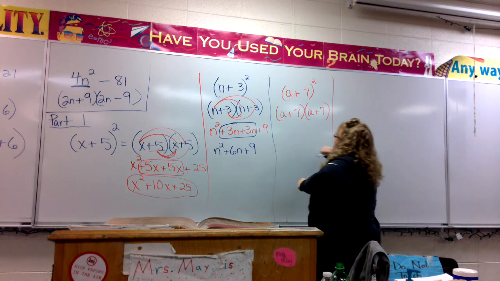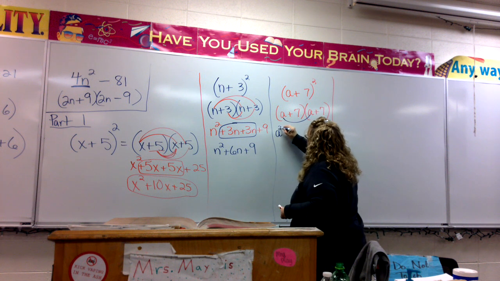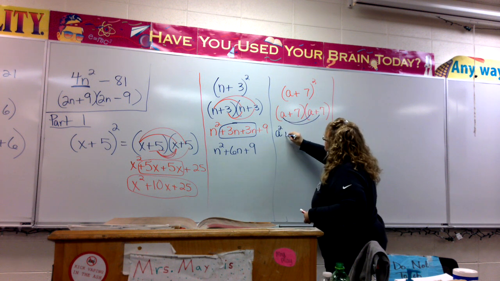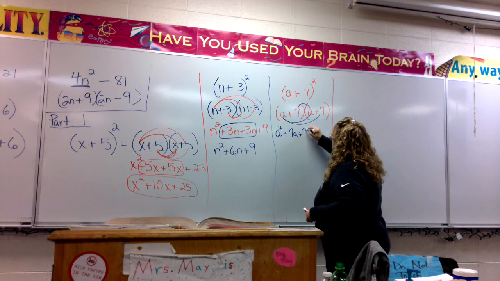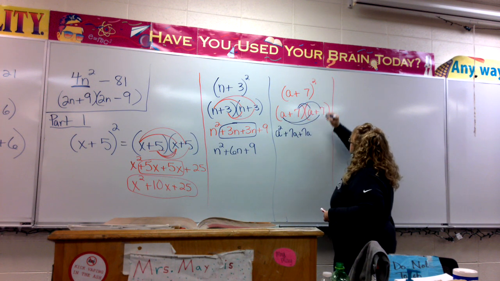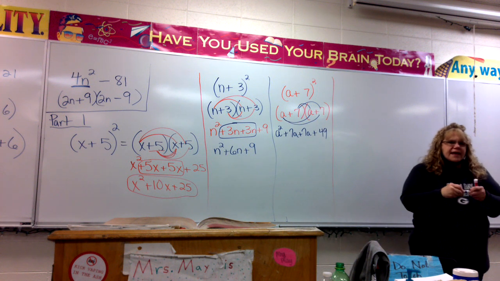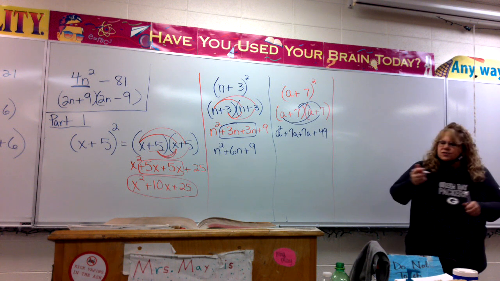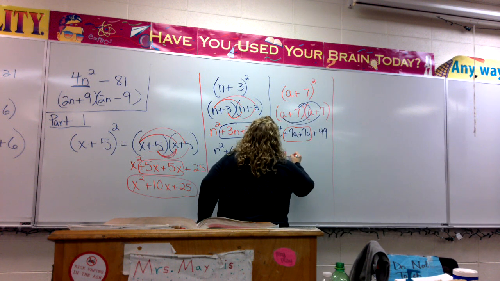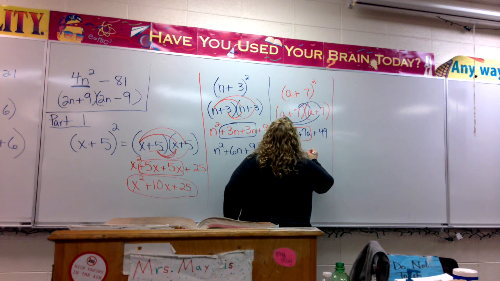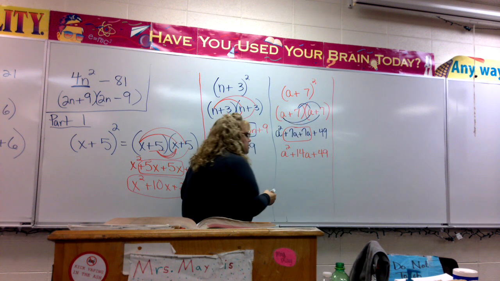So here we go again. Start with the a squared, 7a, move over, 7a, 49. And so if you simplify the like terms, a squared, like that.